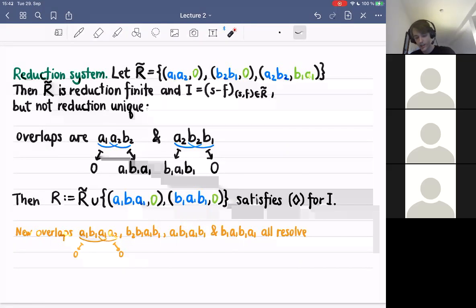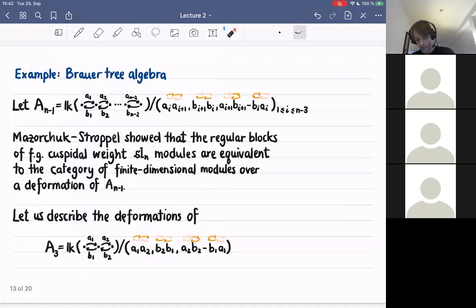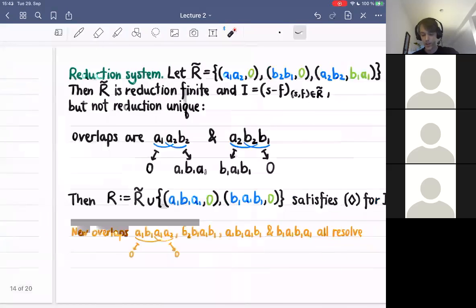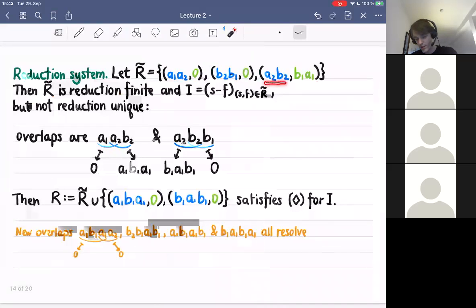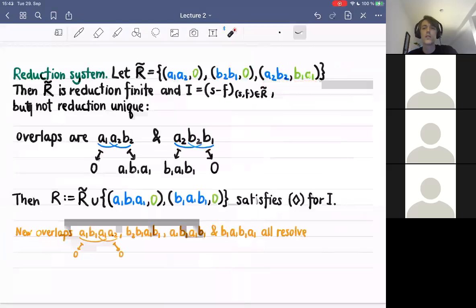And then we had a relation A2, B2 minus B1A1. We say, maybe we want to reduce this one to this one, so we write this in the first entry and the other term in the second entry. We almost get what we want. We see that our reduction system is reduction finite. That's good.